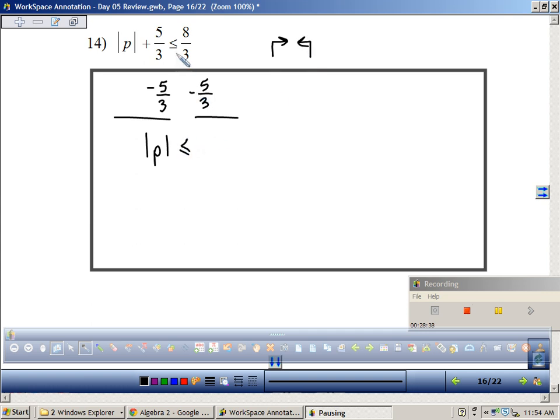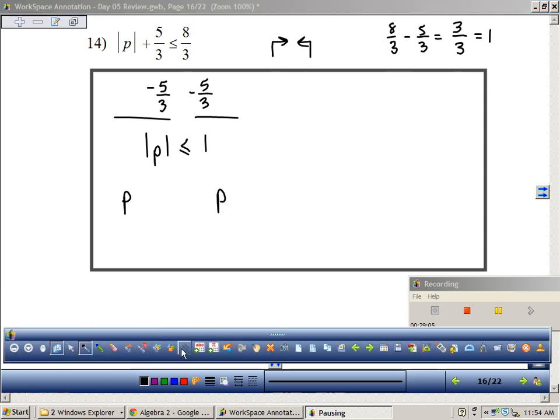All right, what is 8/3 minus 5/3? That makes how many thirds? 3/3. How much is 3/3? 1. It's really not that big of a deal, right? So I would rewrite this as p in the positive direction and the negative direction.